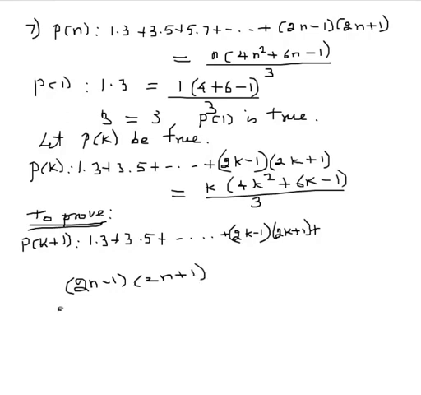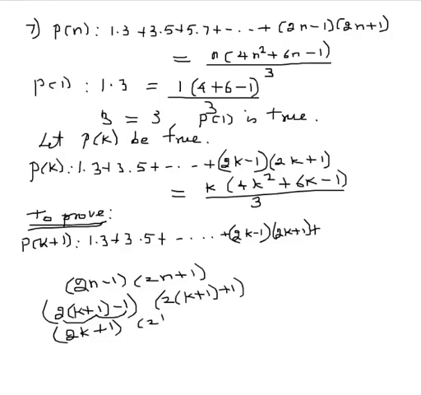Now replace n by k plus 1. So 2 times k plus 1 minus 1, and here 2 times k plus 1 plus 1. If you simplify, 2 minus 1 becomes 1, and here 2 plus 1 becomes 3. So our k plus 1th term is 2k plus 1 times 2k plus 3.